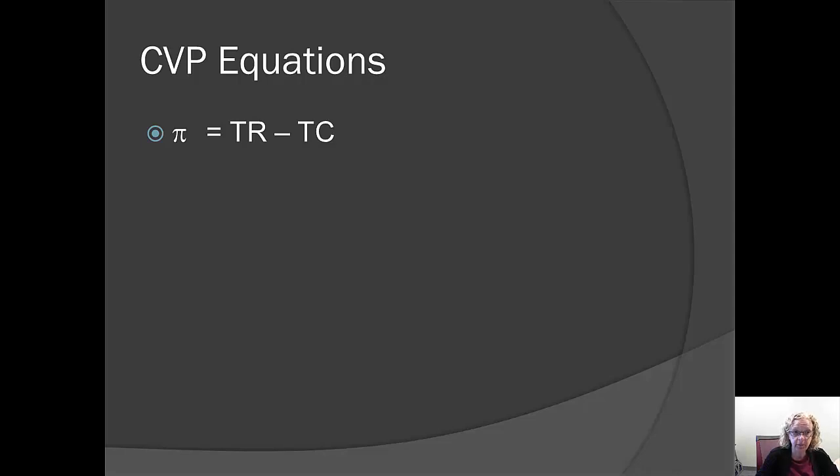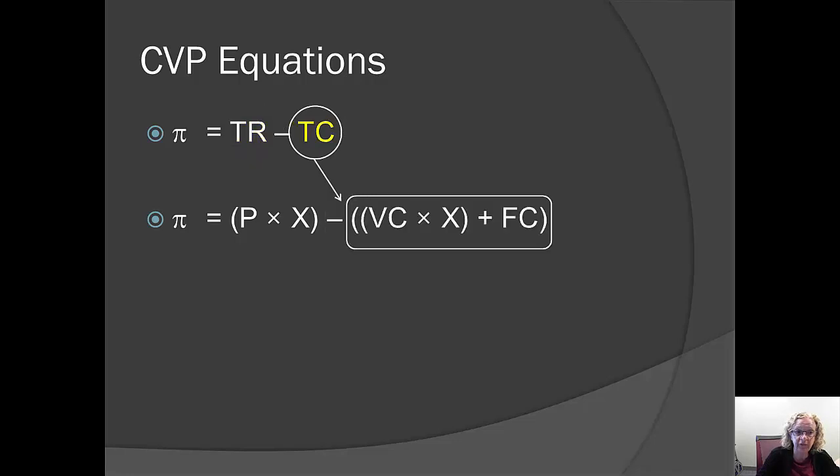Now, our original equation was profit equals total revenue minus total cost. We can reformulate our total revenue as the price per unit times X, the number of units. That's got to equal total revenue. And we can reformulate total cost, as we did on the previous slide, as the variable cost times the number of units plus the fixed cost.